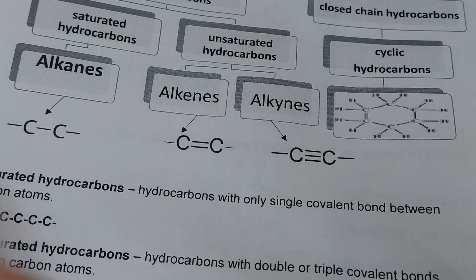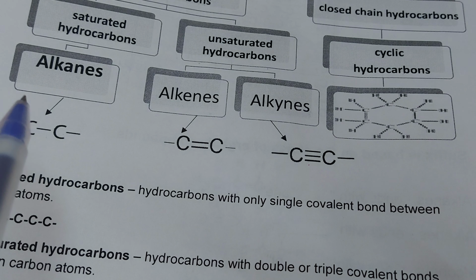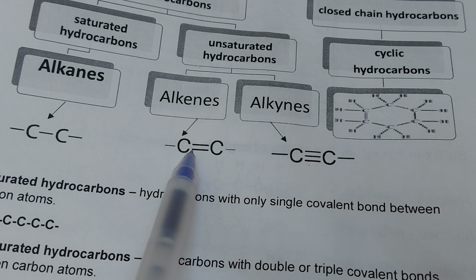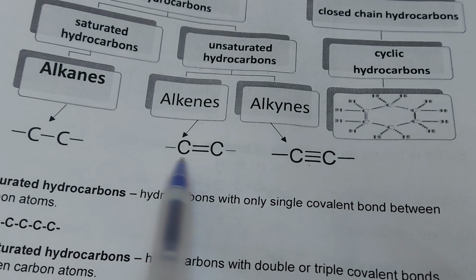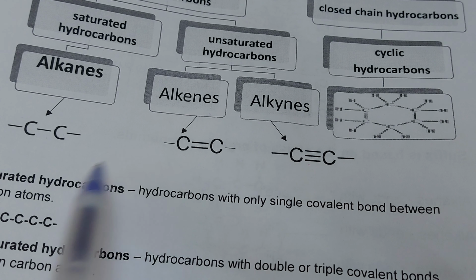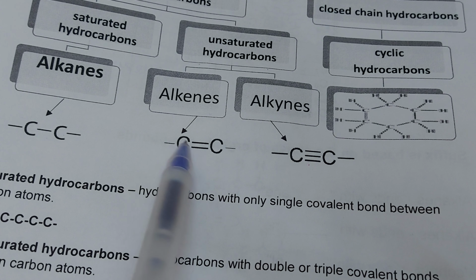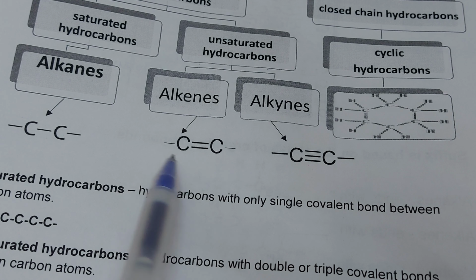So if we look here at alkanes and alkenes, what's very obvious is that alkanes have single covalent bonds and alkenes have double covalent bonds. So we can say that the amount of bonds a compound has is its functional group. What makes alkenes unique is having at least one double covalent bond between carbon atoms.